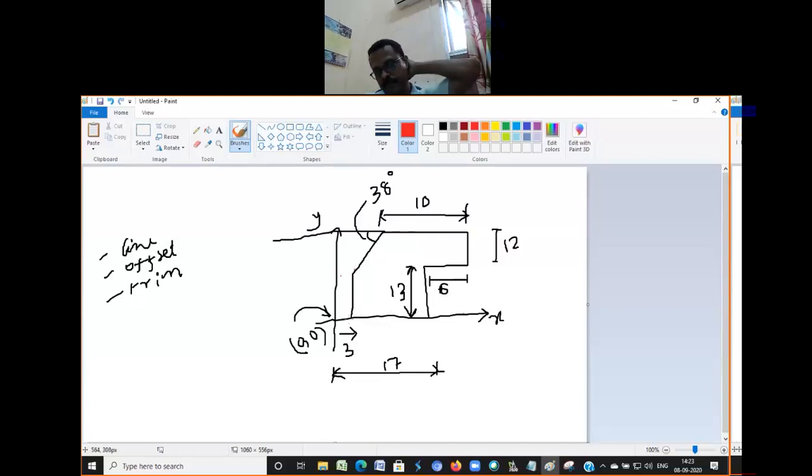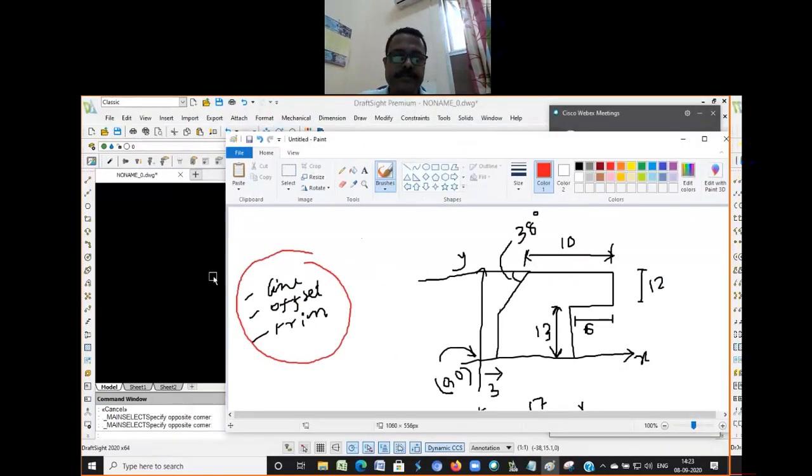From here up to here, this is 3 millimeter, then 17, then 13, 6, 12, 10. This degree is 38 degree, and I don't specify the length of this line. So wherever these two lines meet, we will trim this part. In order to draw it, we need these three commands basically: line, offset, and trim. So using this, can you do it? Let us try.